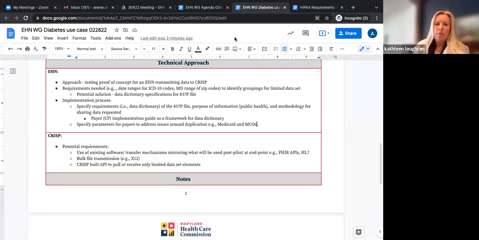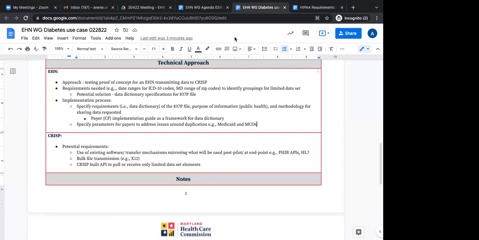Angela, your comment. Sure. I appreciate the state taking a thoughtful approach with a pilot and testing a proof of concept. One thing that is still a bit of a fuzzy gray area in my mind is, if we're testing the data flow and the proof of concept, what are the outcome goals we hope to achieve?